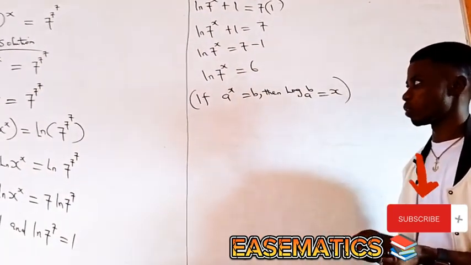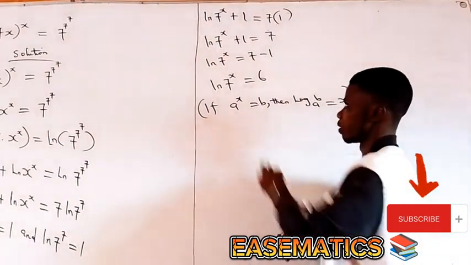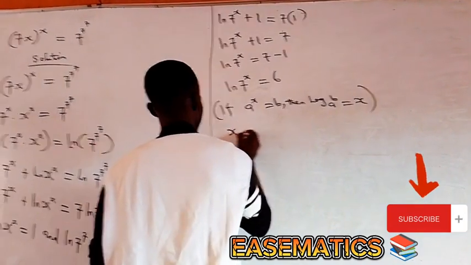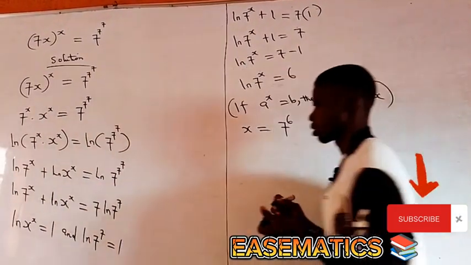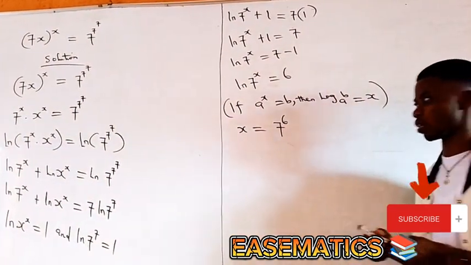Then we apply this principle here as we have log x base 7 is equal to 6. We can write this as x is equal to 7 to the power of 6. And what is 7 to the power of 6 going to be?